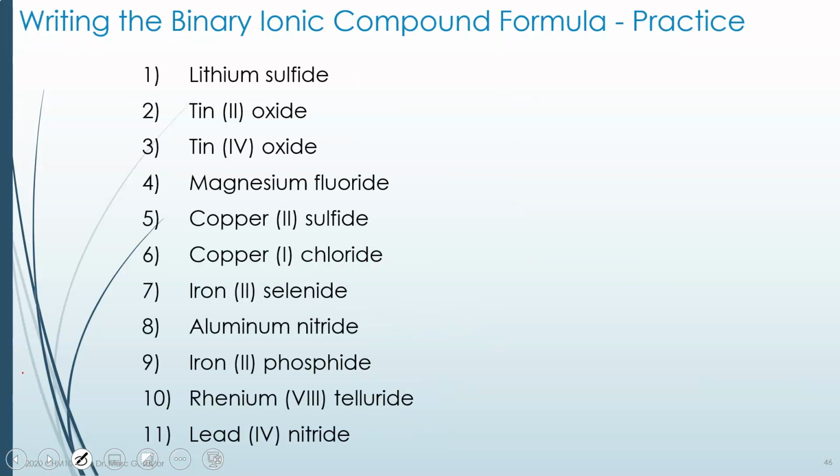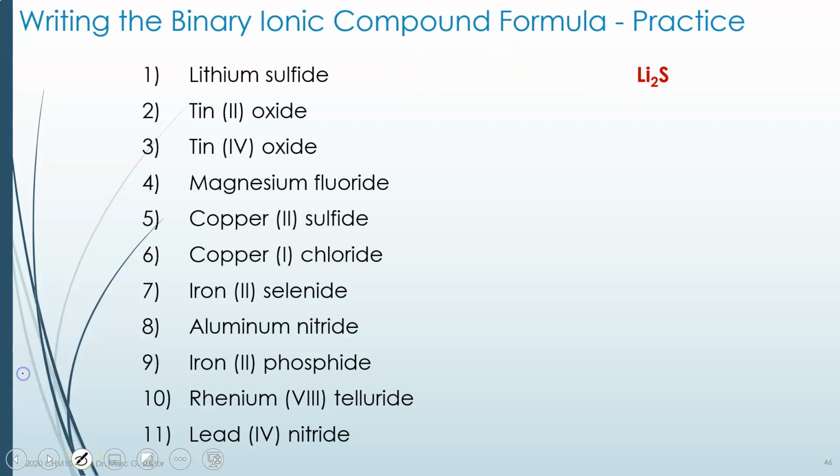So here are a number of practice problems. Lithium sulfide, for instance. Lithium is Li plus 1, and we can write the 1 if it helps us. And sulfide is always minus 2, so we crisscross that, and we'll end up with Li2S1. And that is the answer here.